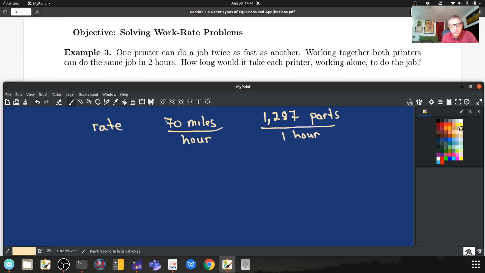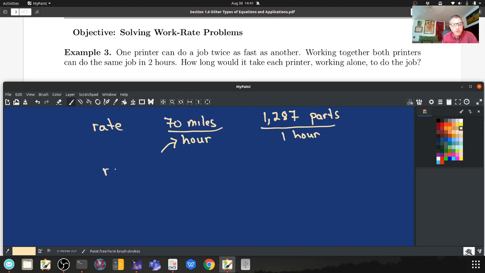So in general, a rate is a ratio. But the number on the top normally has one unit, and the number on the bottom usually has a different unit. So 70 miles. Miles and hours are not the same. When I say unit, I mean unit of measurement. So this is a work rate problem.